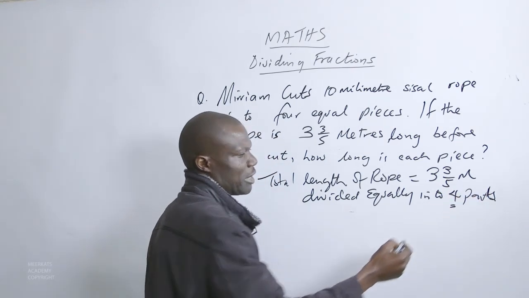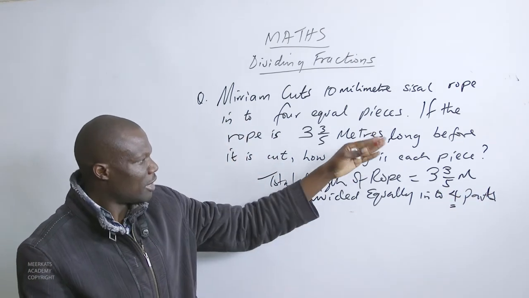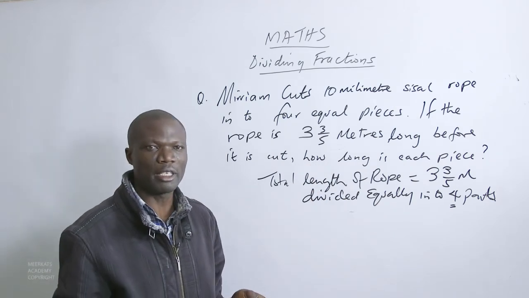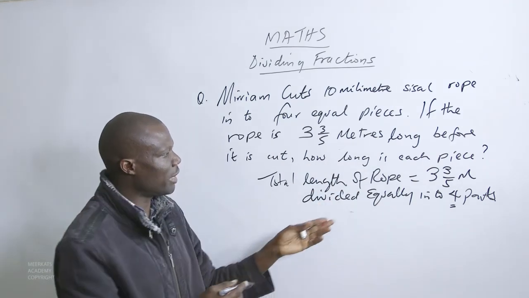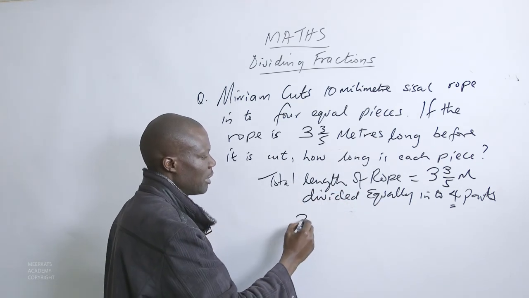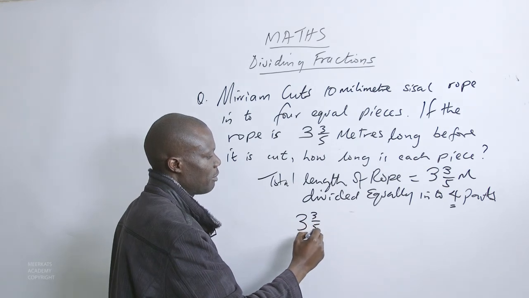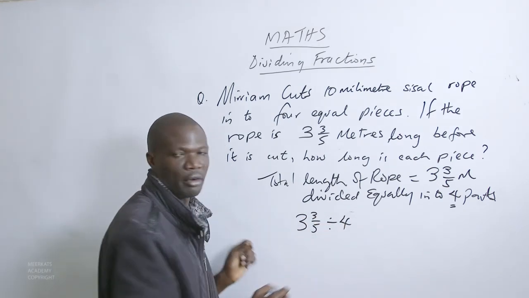So now to translate the sentence into mathematics, we shall find that this is the same as saying 3 and 3/5 divided by 4.